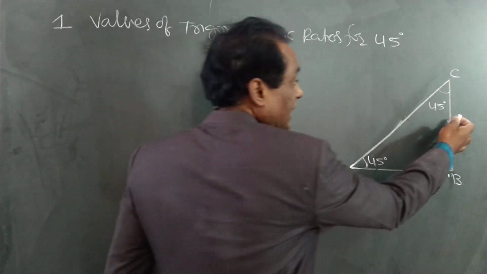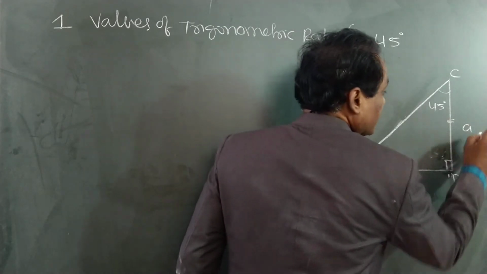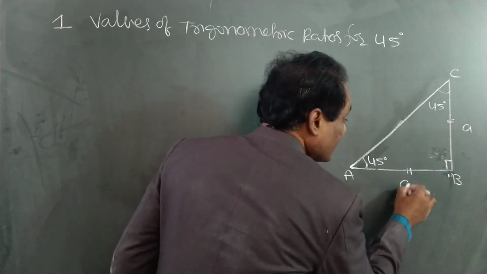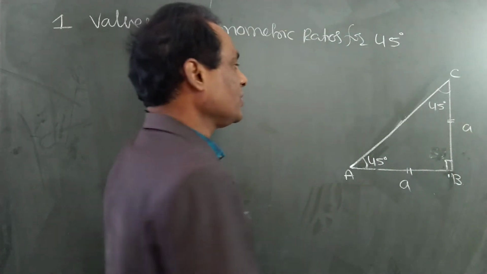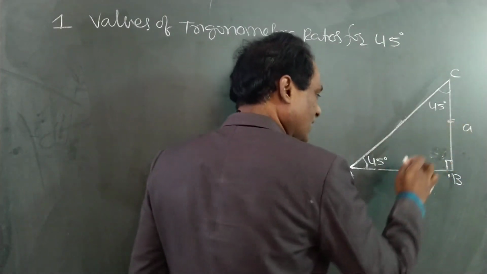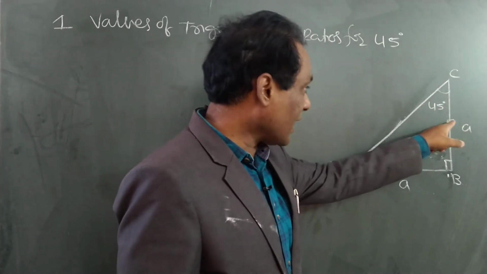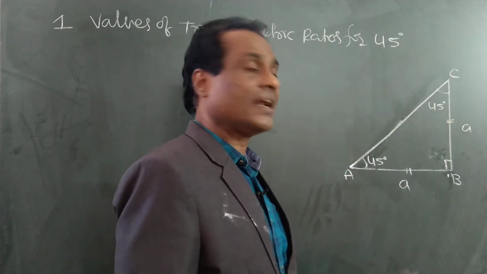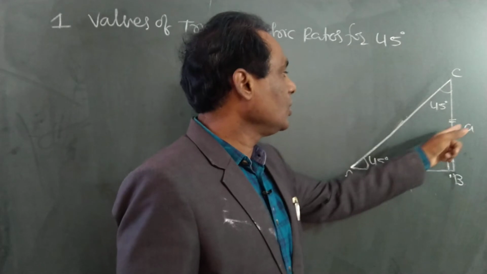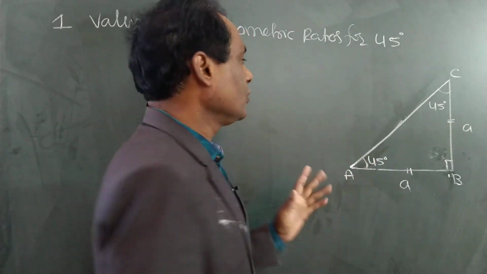So if these two sides are equal, suppose I take this side as A, this side is also A. Why? Angles are equal. I am taking this type of triangle only. So what is this side?